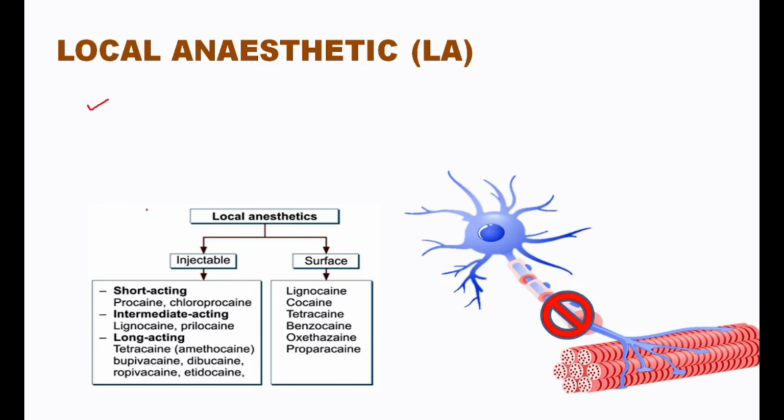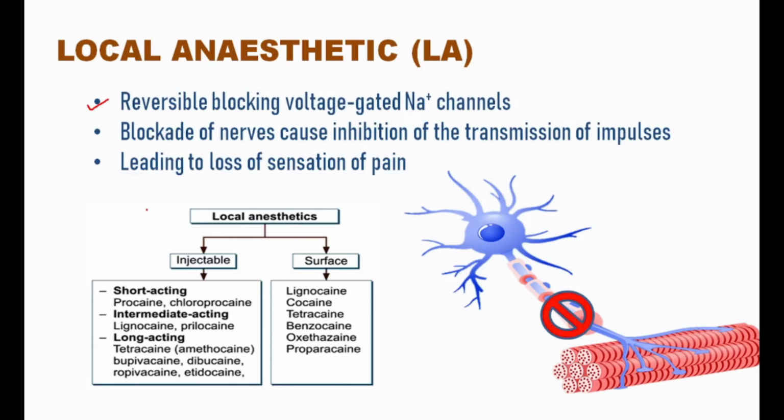Whenever we are talking about local anesthetics, these are the agents which upon topical application or local injection cause reversible loss of sensory perception, especially pain, in a restricted area of the body where they were applied.